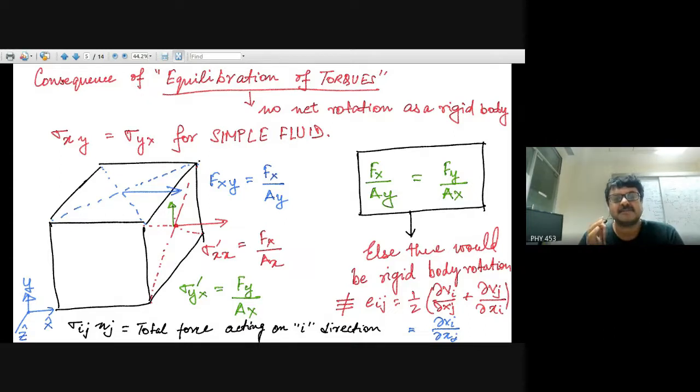Right? So that will decide the total force acting in the ith direction. Right? Especially if they're unbalanced. But at the moment we have balanced forces. So basically, if you want to calculate the forces acting in this direction, that's how you do it.